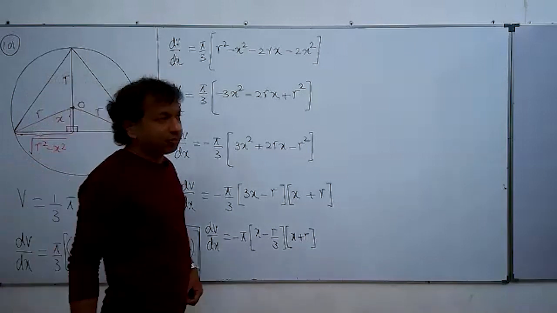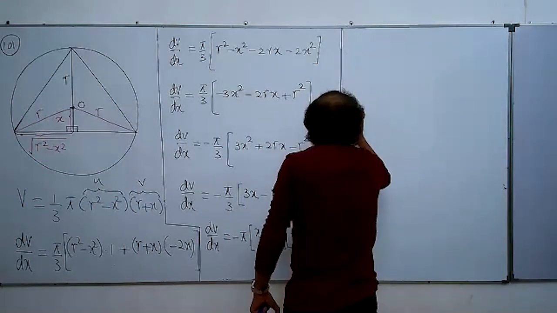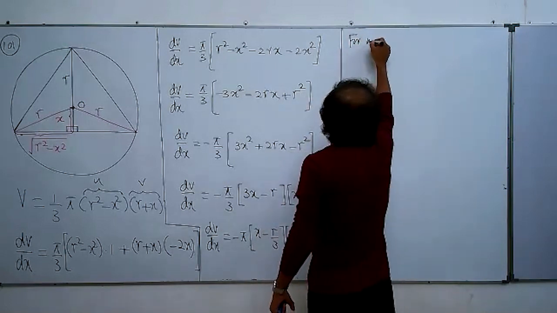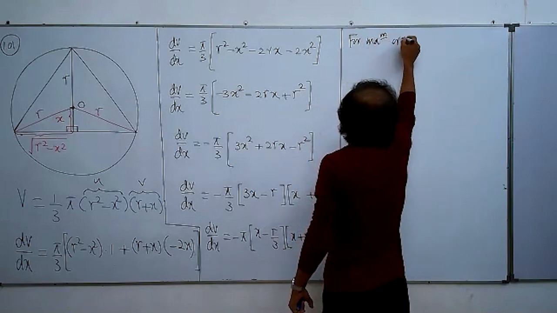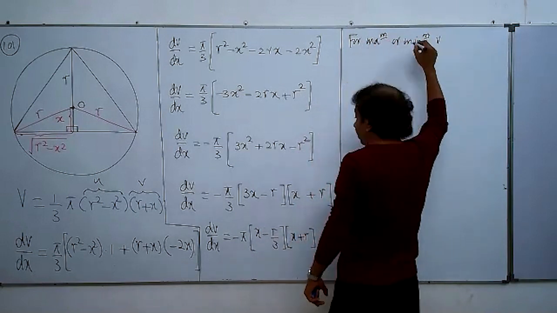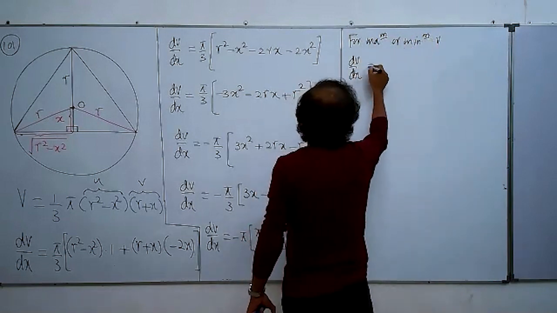Now for maximum or minimum volume, you can write, people, dV by dx equals 0.